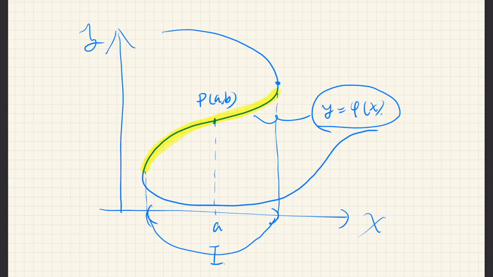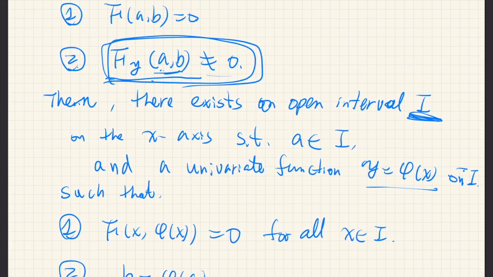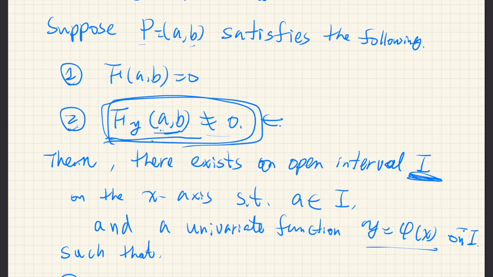Okay, but this part, let's call it q. At this point, the gradient and the slope of this tangent line is vertical. So around this point q, we cannot define an implicit function because this violates one of the conditions here, this one.